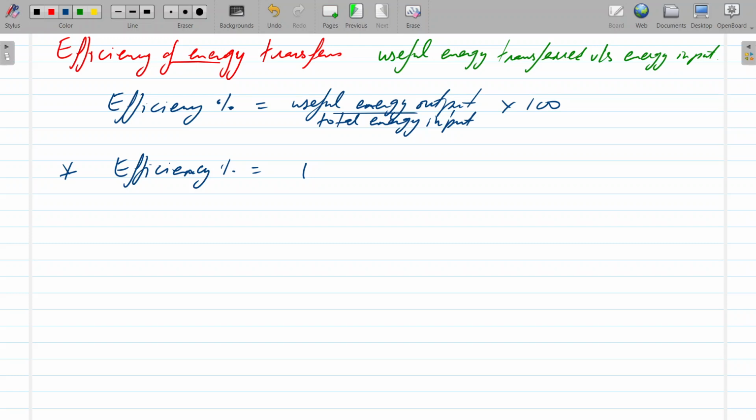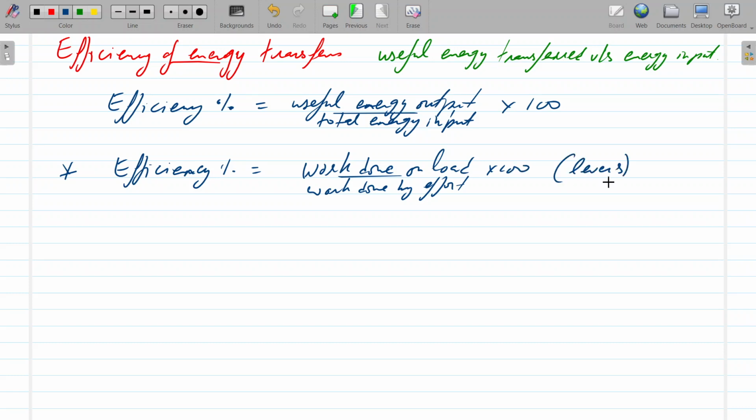So efficiency percentage is work done on load divided by work done by effort into 100, and this applies to levers.